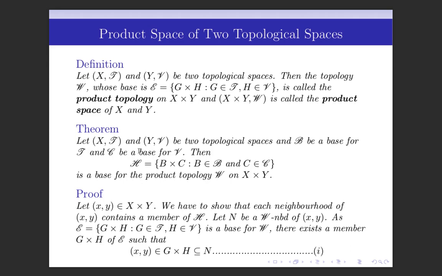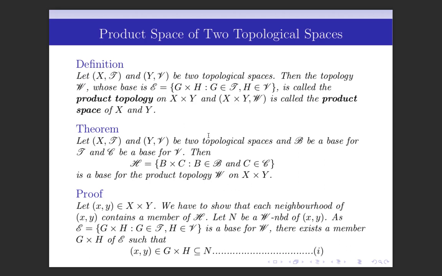Let (X, T) and (Y, V) be two topological spaces and B be a base for T and C be a base for V. Then the collection H containing Cartesian products of members of B and C is a base for the product topology W on X cross Y.